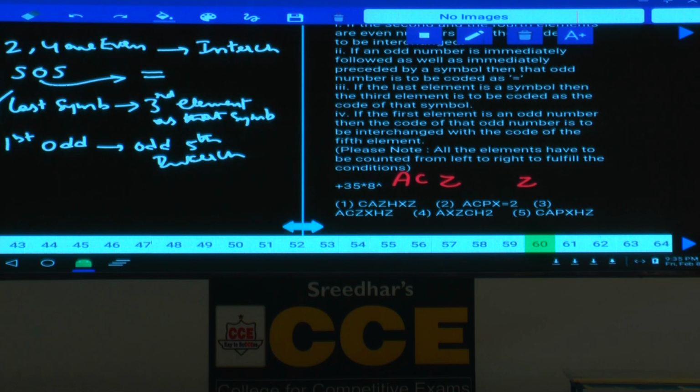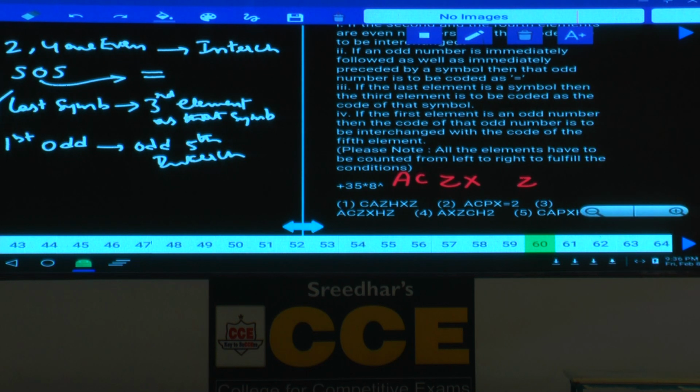What is the fourth element here? Star, and the code of this star is X, and the fifth element is 8, and its code is H. Then what is your answer here? ACZ, XHZ. Choice 3 is the answer. Clear now? The last element is a symbol, hence we have taken condition number 3.